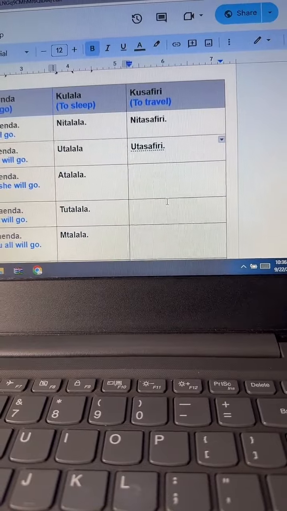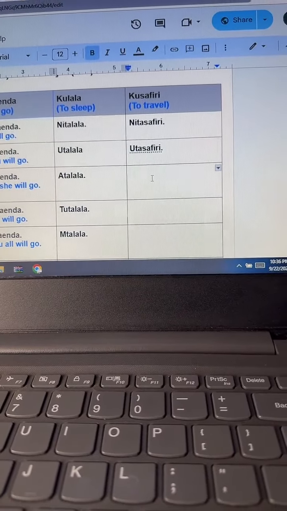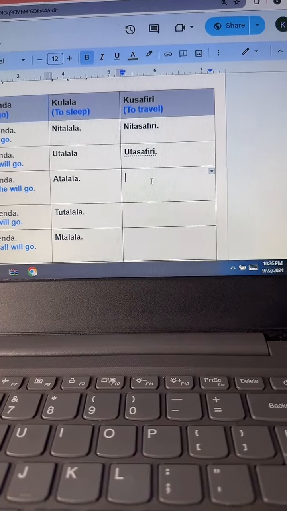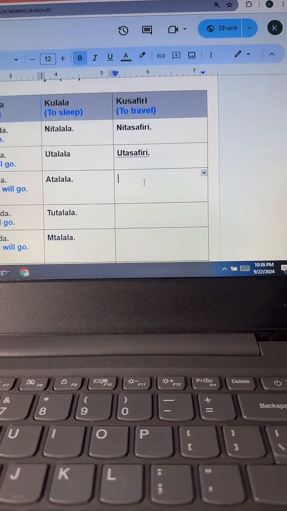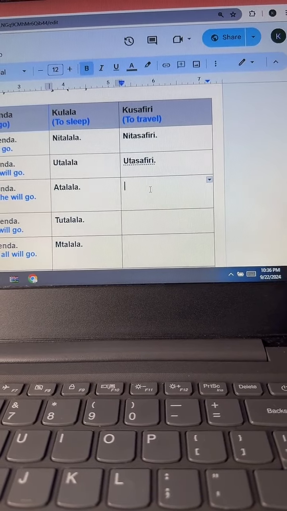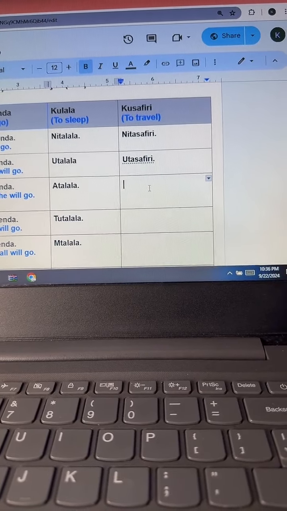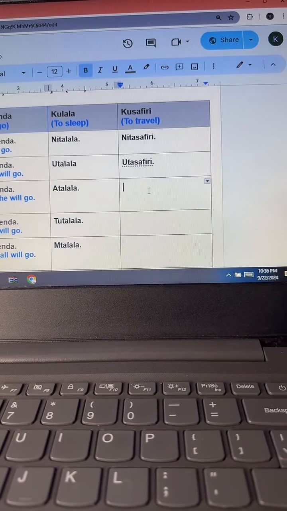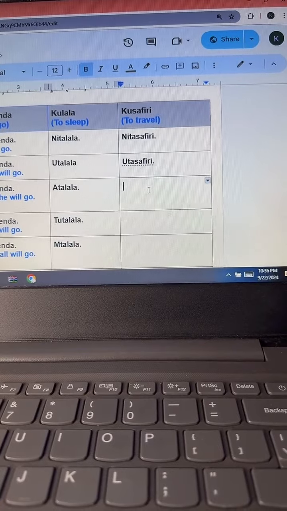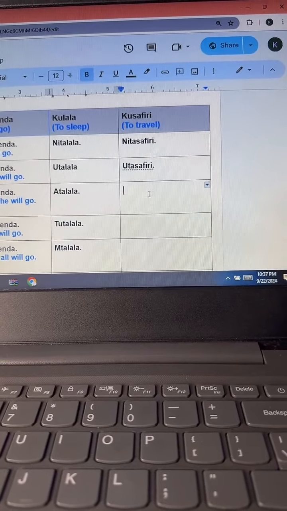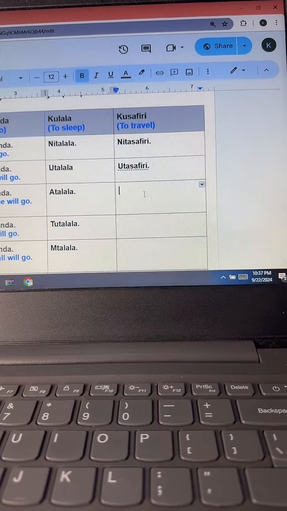Utasafiri. Now we have yeye. Yeye is he or she. How do we say he or she will travel? Yeye, he or she. Atasafiri vizuri. Yeye atasafiri.